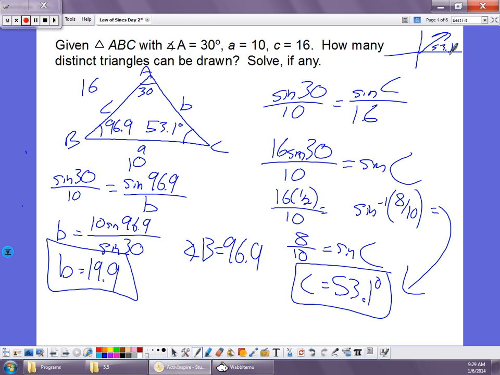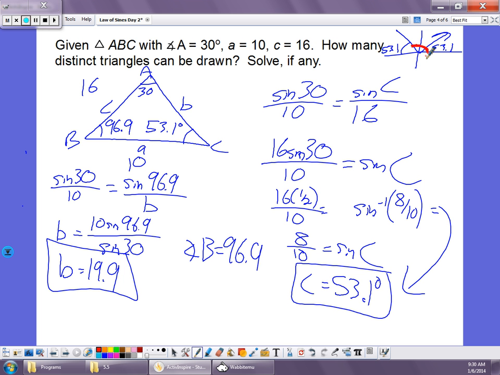But where else could it be and still be a positive 8/10? Right, in the second quadrant, here, where this is 53.1. Okay? You see that? So that means we could potentially have two triangles, because sine is positive in both the first and second quadrant.